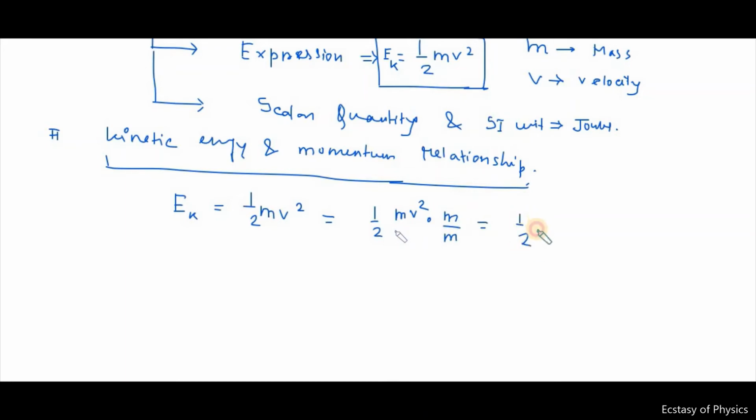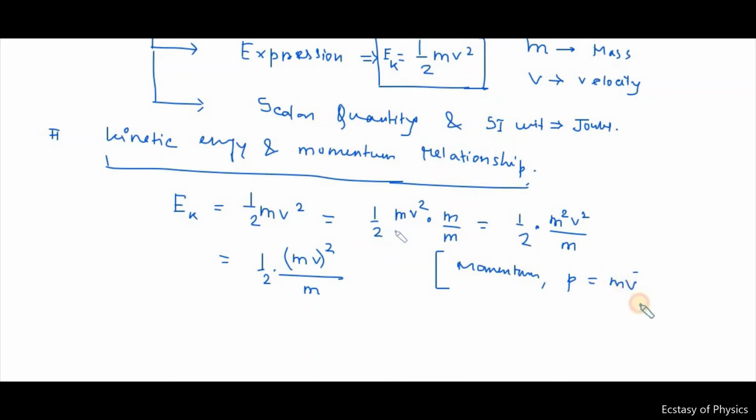So finally we get half into m square v square upon m, and from there m square v square can be written as (mv) square by m. And according to the definition, momentum is the product of mass times velocity, and it is represented by p. So mv is substituted by p, so we get p square upon m, where p stands for momentum.